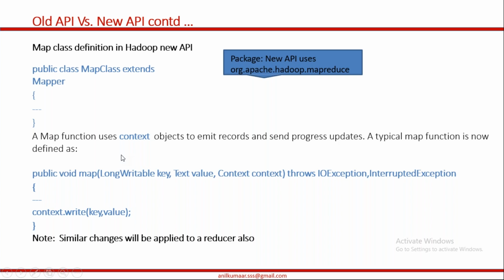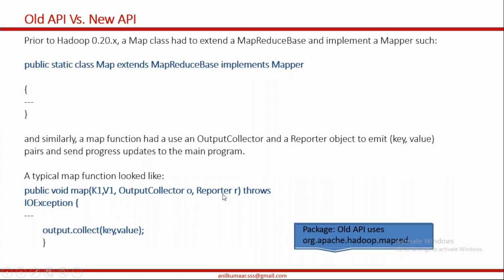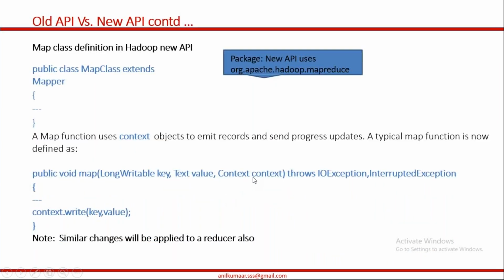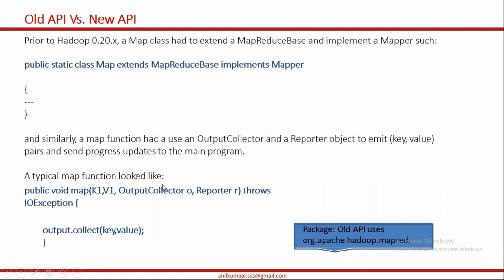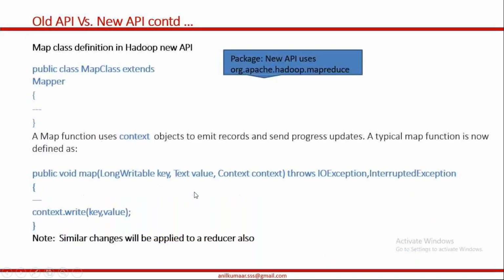Public class MapClass extends Mapper, that's it. Here we don't have that particular interface concept. And in the map function, we don't have these two, OutputCollector and Reporter. These two are merged into the Context object. So no need to write the OutputCollector and Reporter. The jobs that these performed earlier are now done by this Context. That is one more change.